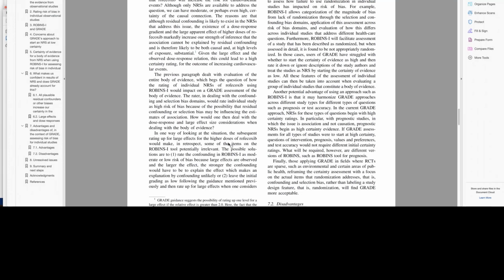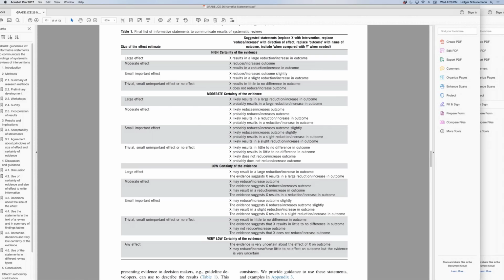Sorry, the narrative statement. So the question is, we greatly welcome the paper on informative statements, but number one, why introduce additional complexity? Not one threshold for clinical relevance, but several thresholds. This could result in several informative statements for one outcome: small, moderate, and large effects, each with its own grading.